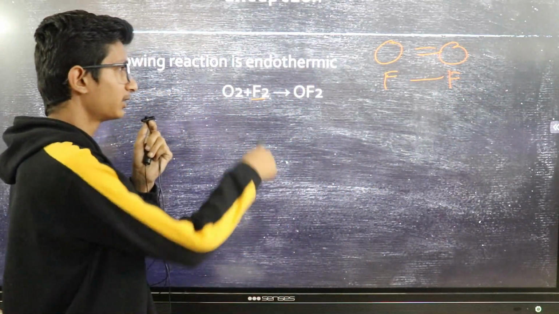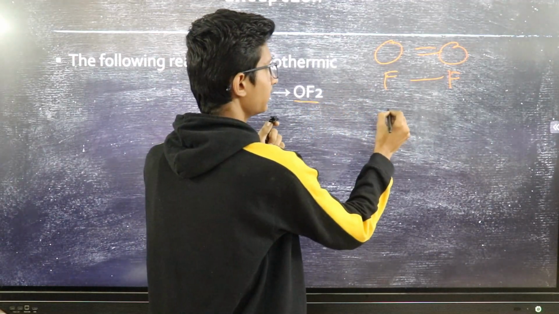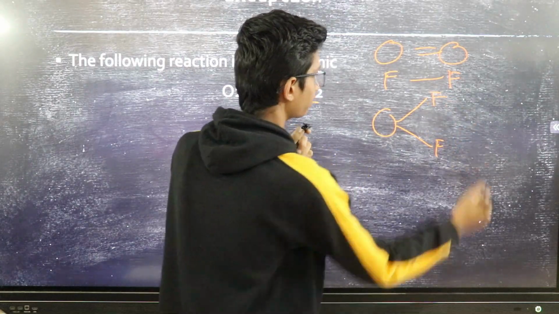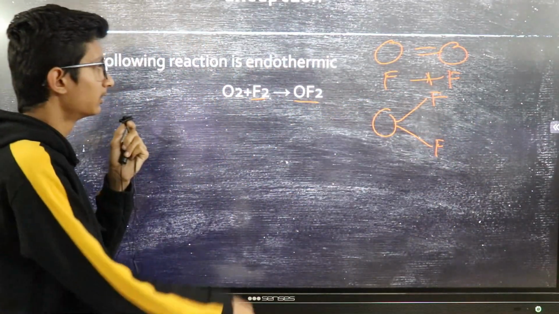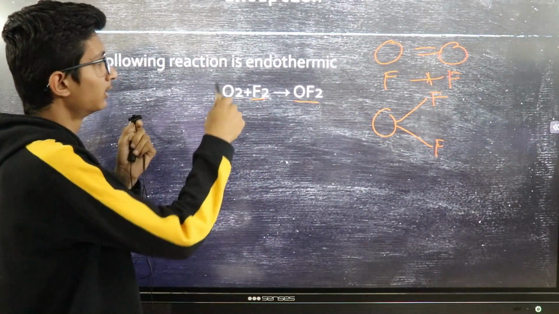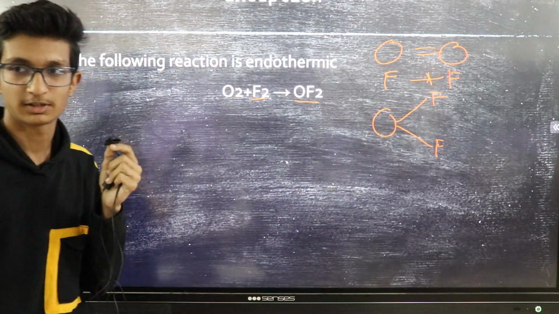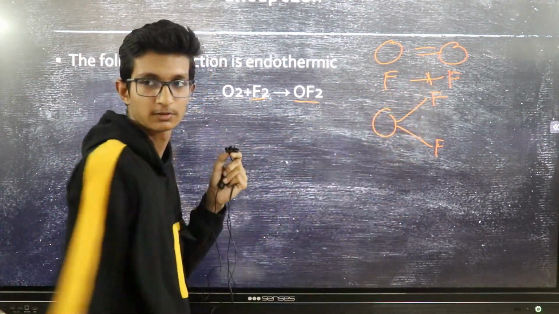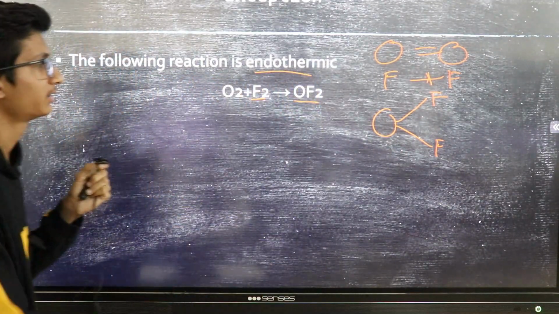Now why is this endothermic? Because the product we are getting has O single bond F bonds. The energy required to break the bonds in the reactants will be more than the energy released, and the heat will be absorbed to break these bonds. So the heat of combustion will be endothermic in this reaction.